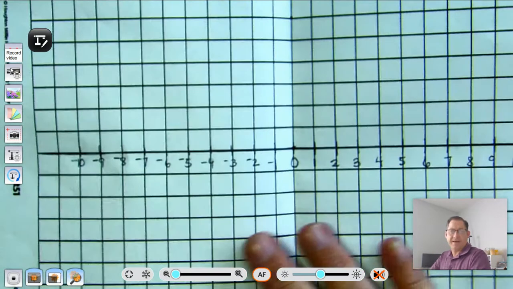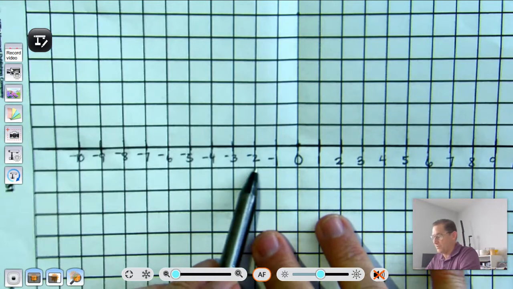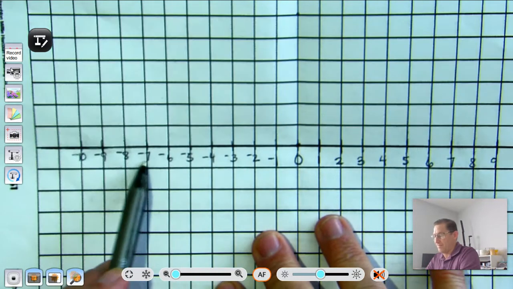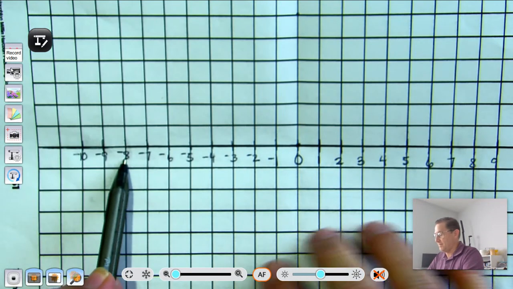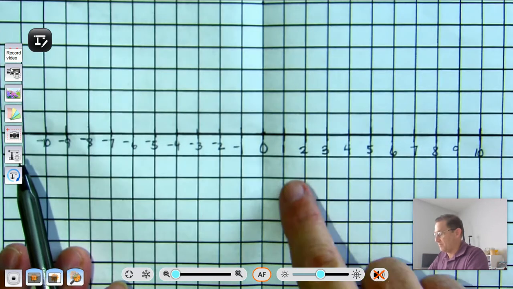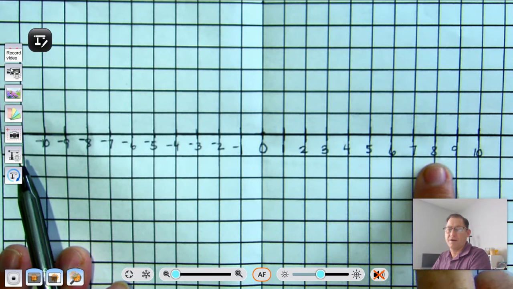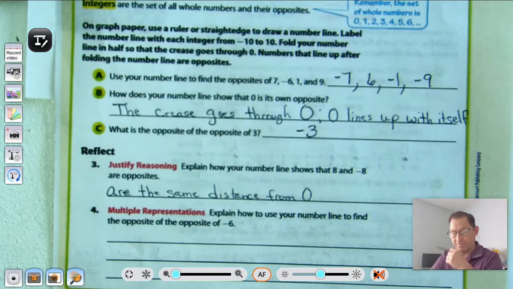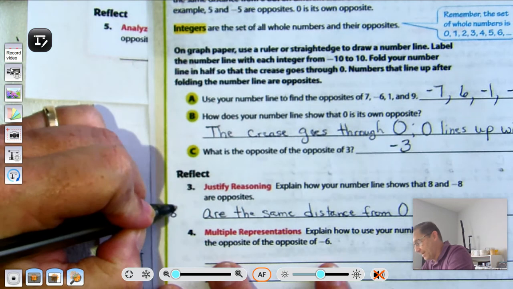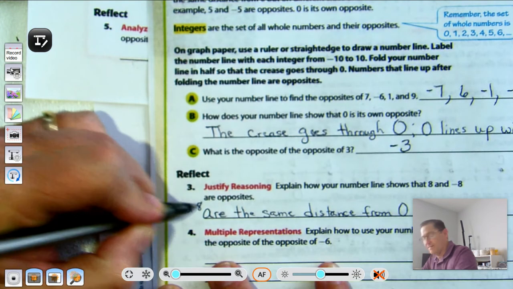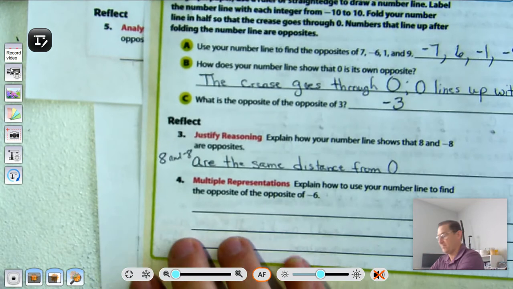So look, negative 8 is 1, 2, 3, 4, 5, 6, 7, 8 units to the left. And positive 8 is 1, 2, 3, 4, 5, 6, 7, 8 units to the right. So they're both 8 units away from 0. So 8 and negative 8 are the same distance from 0.